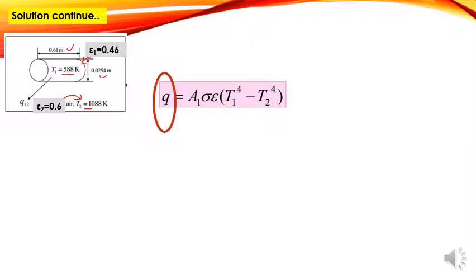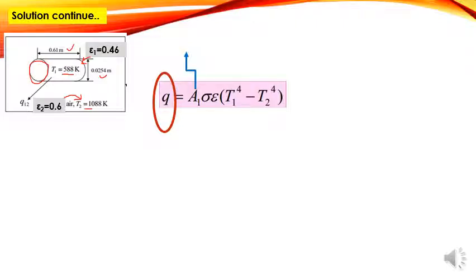Here is the equation to determine the Q of the radiation from surrounding to a small object. So let's check out each parameter involved in this equation. Let's start with A1. A1 in this case is the heat transfer area of object 1.